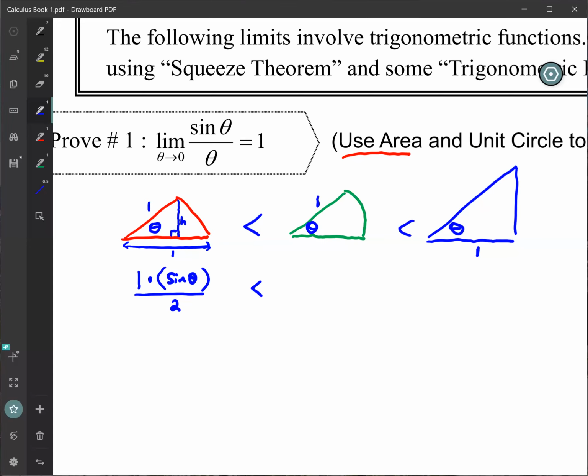Is it half LR? But then what's L? The length of the radius, because the unit is the circle. R. So what's L?